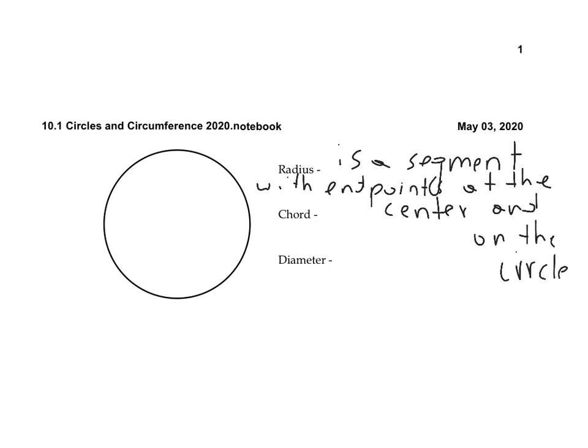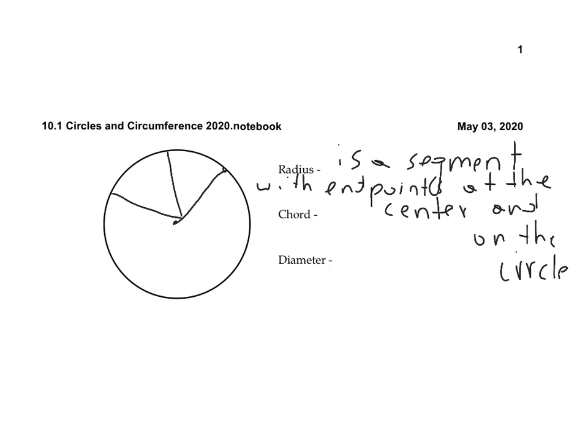Okay, it's very hard to write on my mini tablet. So a radius is basically here. Center, and the other endpoint is on the circle. Radii is plural. How many do we have? Infinite number, because you can have this one, it can go forever.